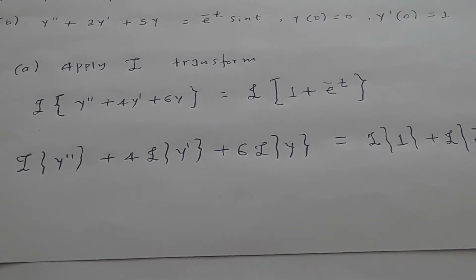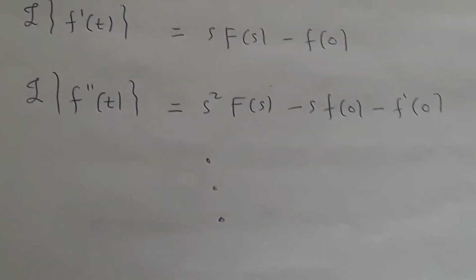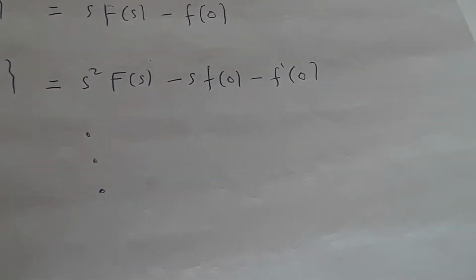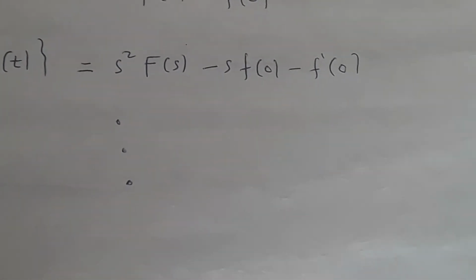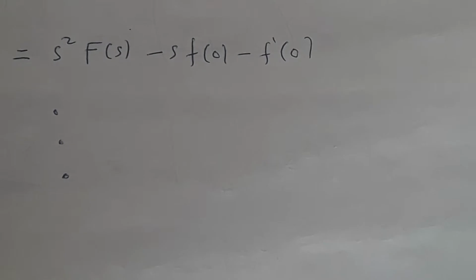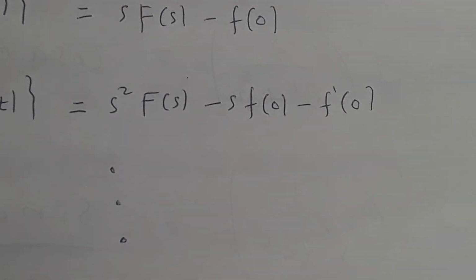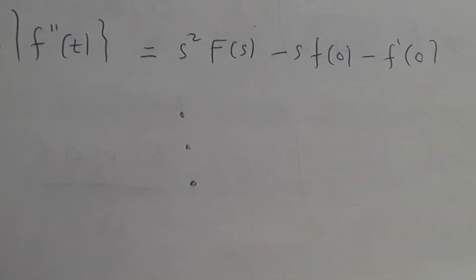Now to apply this, we remember again the properties of Laplace transformation. Laplace of the derivative: remember that Laplace of f prime of t is s F of s minus f of 0. Again, Laplace of f double prime of t is s squared F of s minus s f of 0 minus f prime of 0. This is obviously derived from the comprehensive definition.